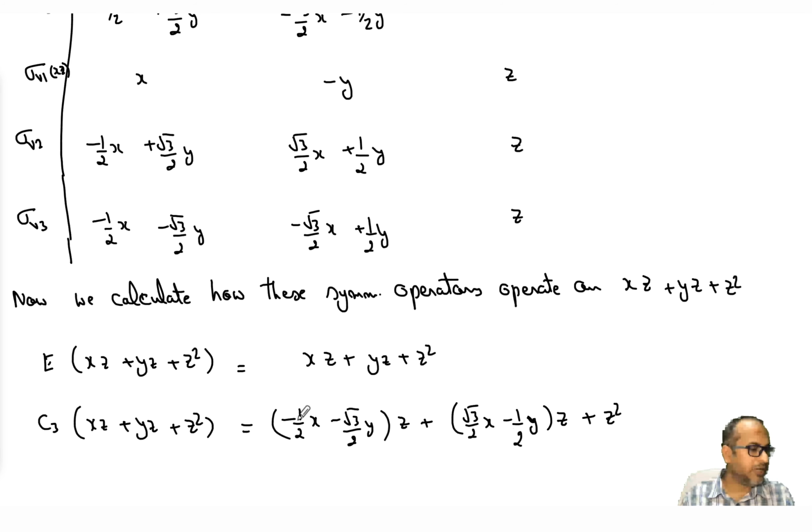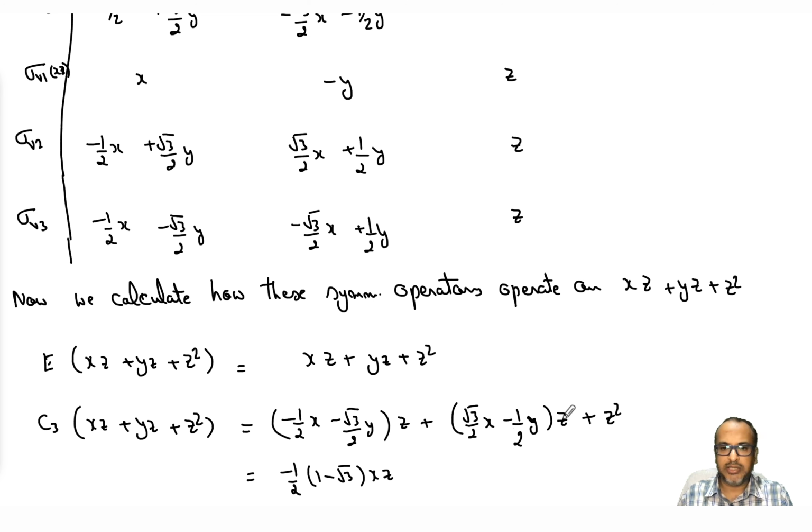now we can separate these out, separate out the variables. So if we take xz common, so we will have xz coming from here also, so we can write this as minus half 1 minus root 3 xz.